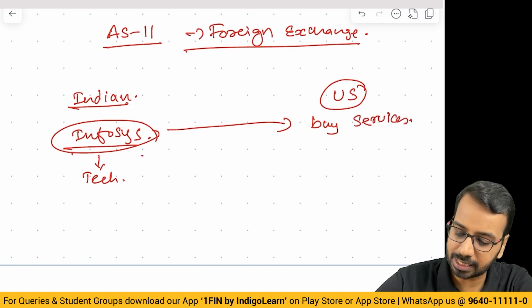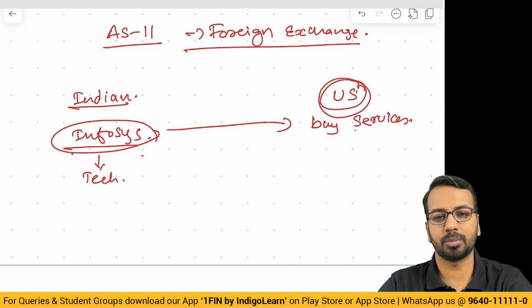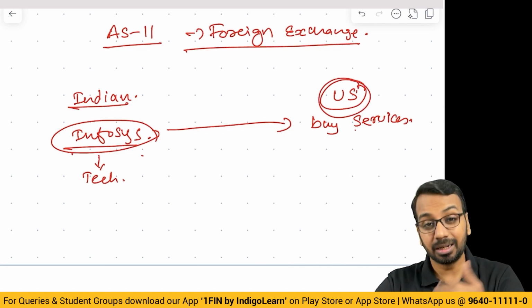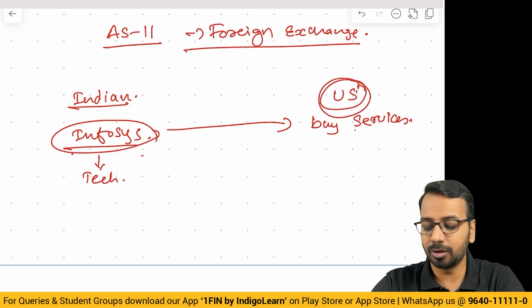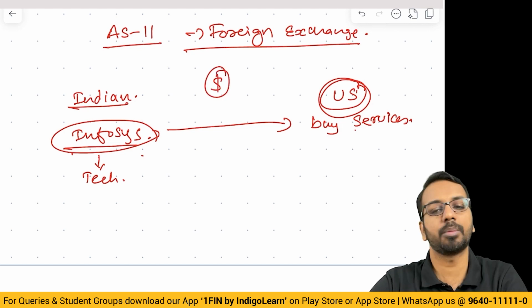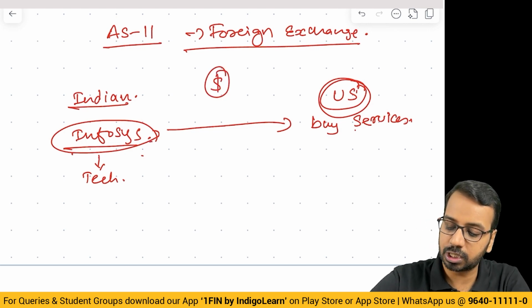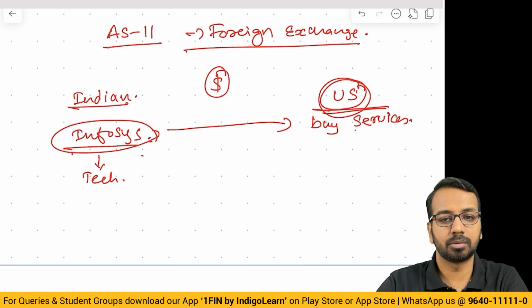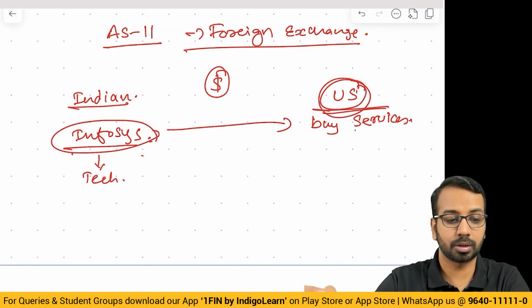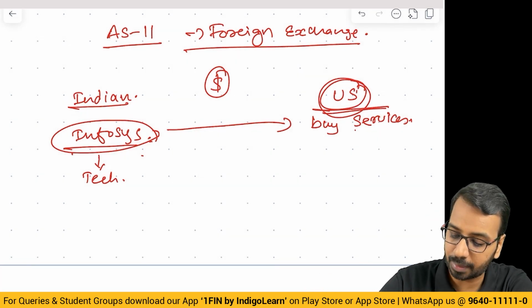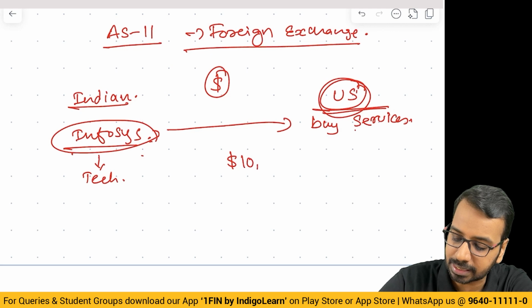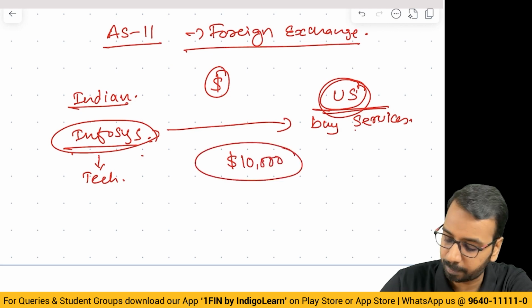Now when Infosys sells services to the US customers, generally what happens is international trade, when you look at, they are denominated in dollars. Denominated in dollars means Infosys, when they sell products to the customers of United States, they will bill in dollars. Let us say $10,000 is the amount.